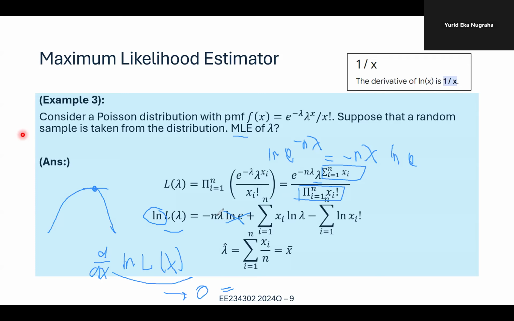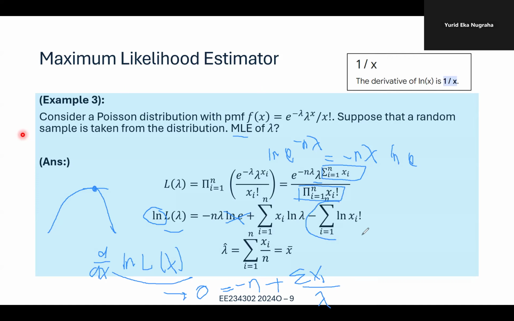So we differentiate with respect to lambda, so this becomes minus n. And then we have this ln lambda. Now this becomes the sum of xi, and the derivative of ln x is 1 over x, so this would be 1 over lambda, like this, right?